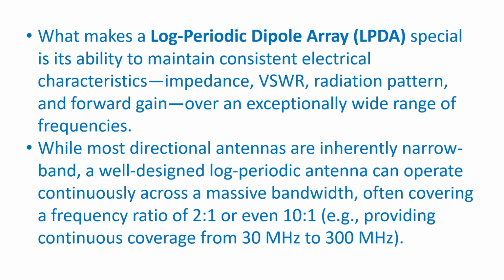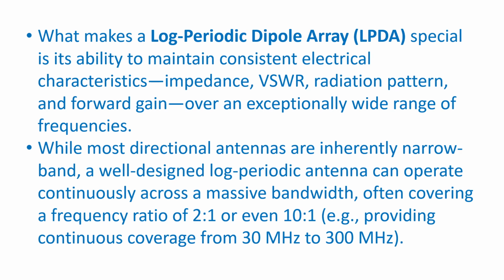What makes a log periodic dipole array special is its ability to maintain consistent electrical characteristics, impedance, VSWR, radiation pattern, and forward gain over an exceptionally wide range of frequencies.